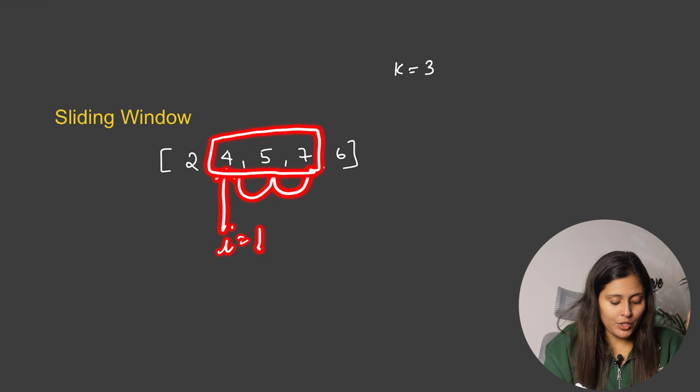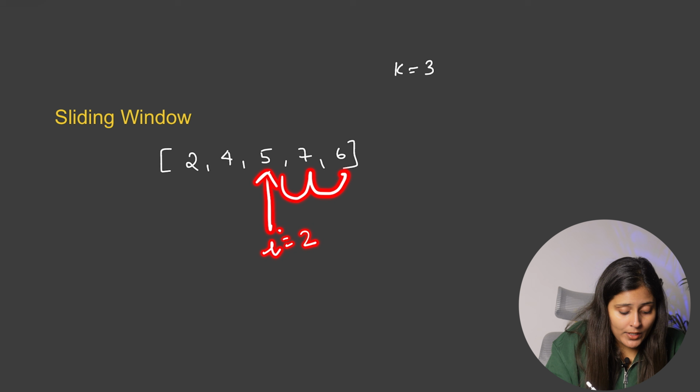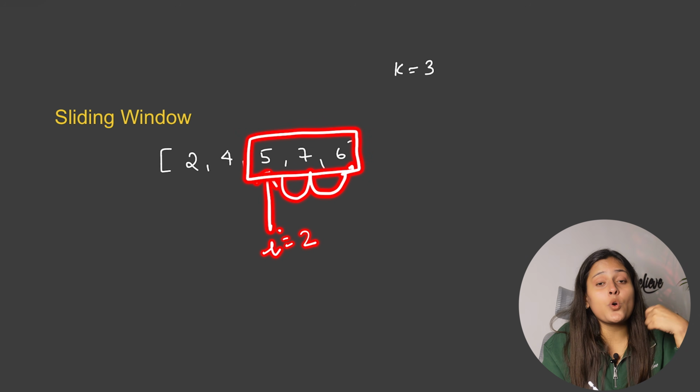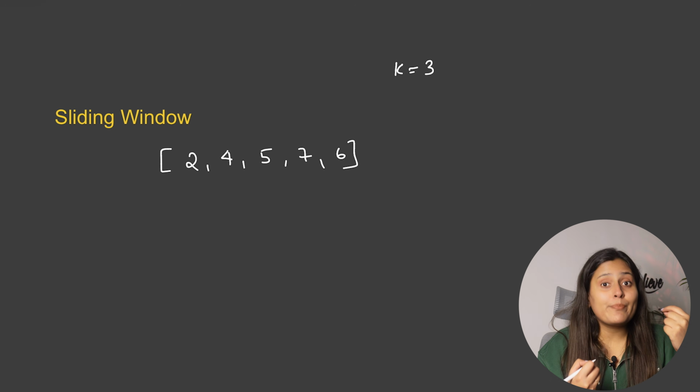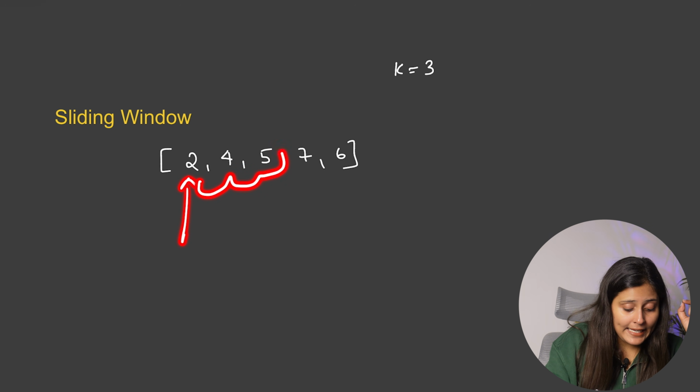For the third time, you will move i to i equal to 2 and again run j 3 times, do the summation and store it in the resultant array. So you are running your j loop for every i, k times.